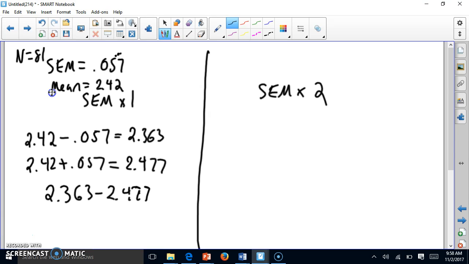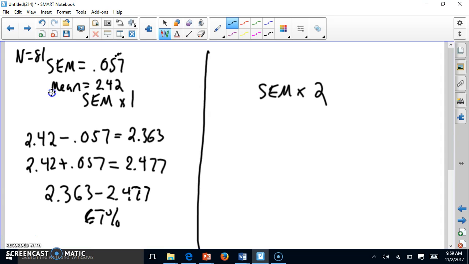What that means, when you're doing 1 standard error of the mean, is that there is a 67% chance that the actual mean is within those two values.